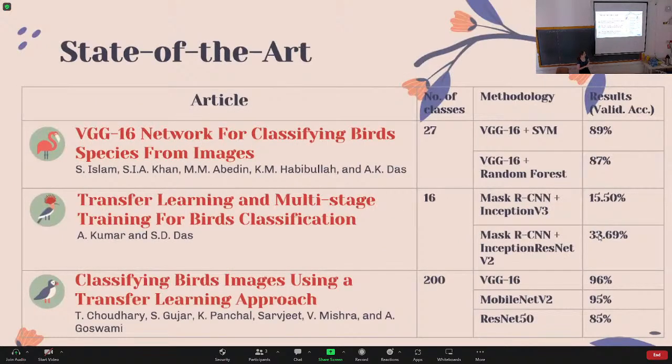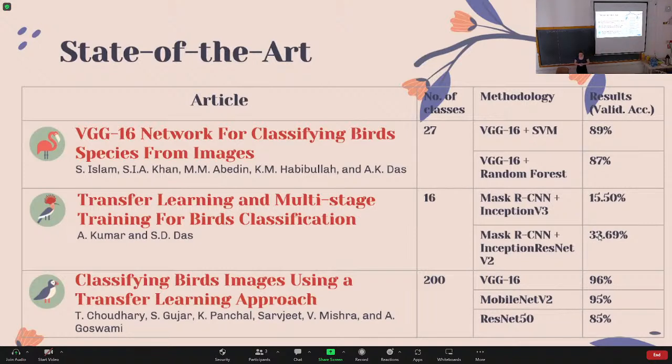Here is a short overview of the state-of-the-art approaches. In general, the existing solutions use images or audio recordings, but I focused on the image articles. In the first article, the authors use VGG16 as a feature extractor, and then the output of this network is fed into a support vector machine or a random forest.